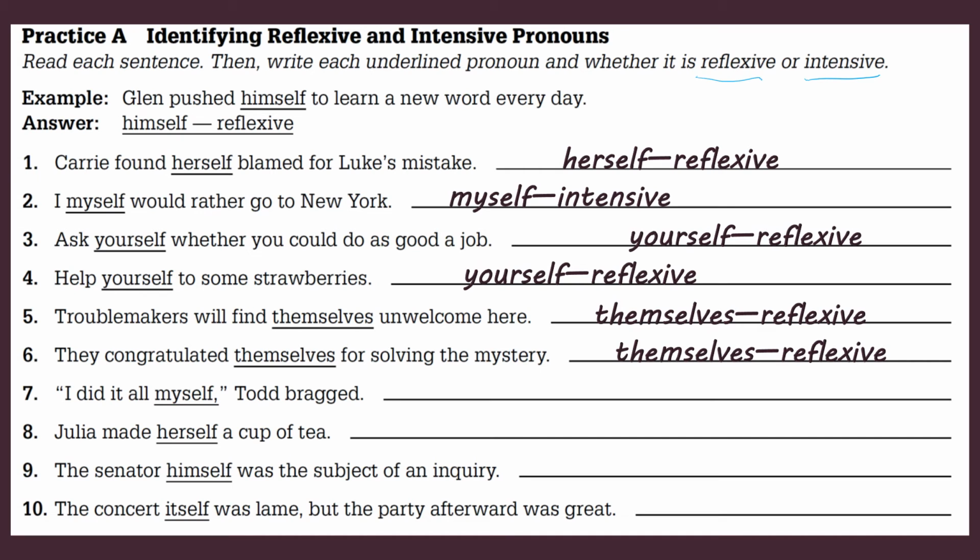Number 7, and finally, I did it all myself, Todd bragged. So here also it is used as a reflexive pronoun, myself. I will leave numbers 8 to 10 for you as homework. You do it, take a good picture and send it over in private message via Teams.